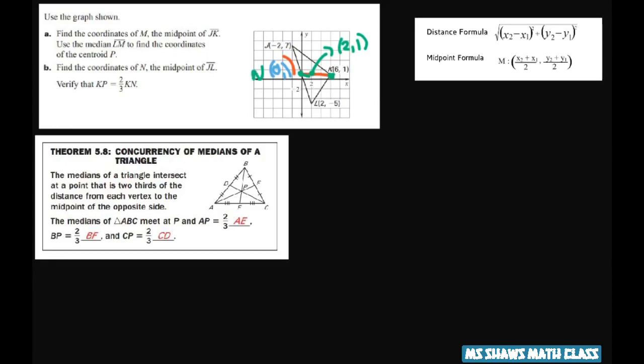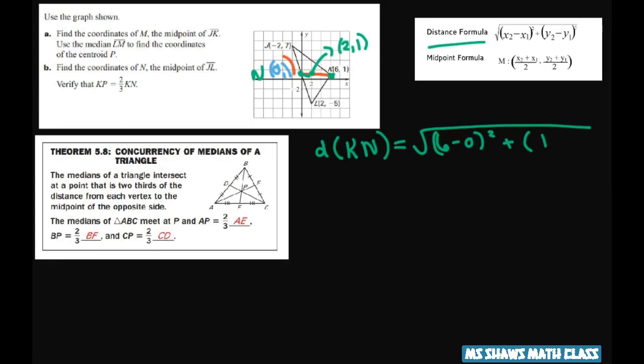So to find that length, we're going to use the distance formula. And that's going to be the distance of KN. So you're going to subtract your x's and subtract your y's. So your y's is going to be 1 minus 1 squared.